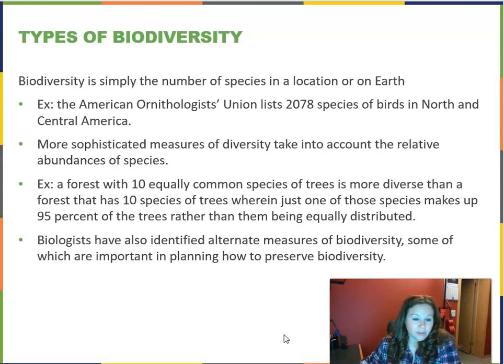So for example, a forest with 10 equally common species of trees is more diverse than a forest that has 10 species of trees, wherein just one of those species makes up 95% of the trees, rather than them being equally distributed. So biologists have also identified alternate measures of biodiversity, some of which are important in planning how to preserve biodiversity.